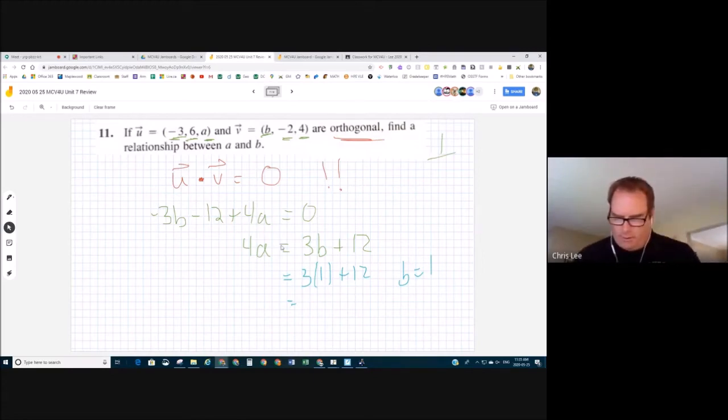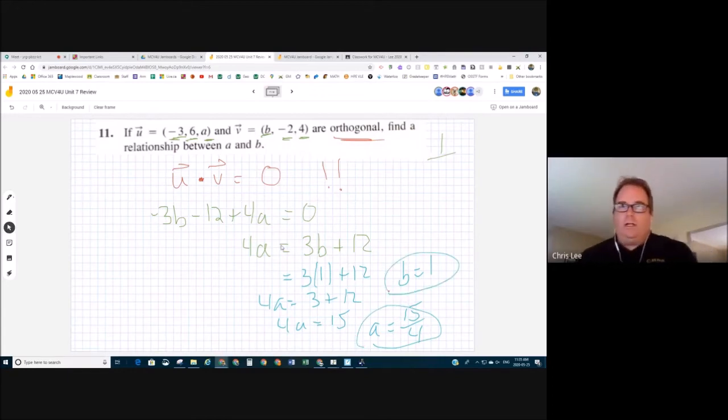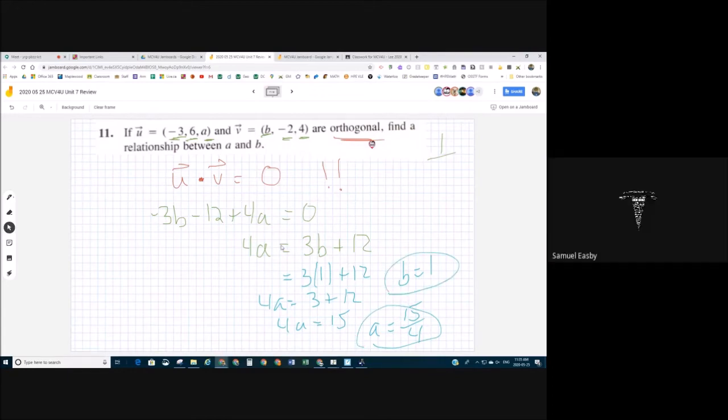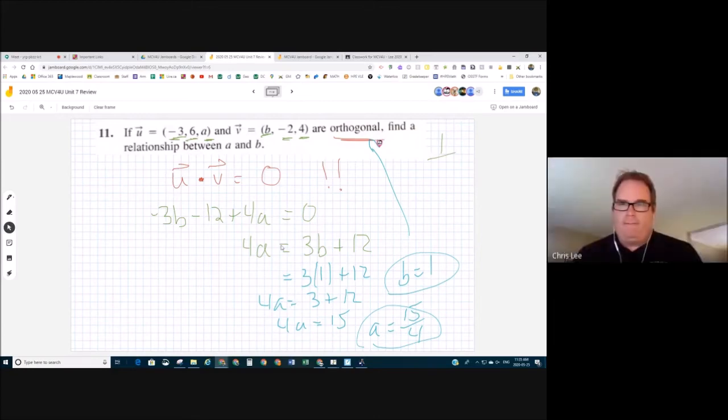Well, let's keep going though. 3 plus 12 equals 4a, so 4a equals 15. Divide everything by 4, a equals 15 over 4. And there is a value for a and b that would produce two perpendicular vectors.